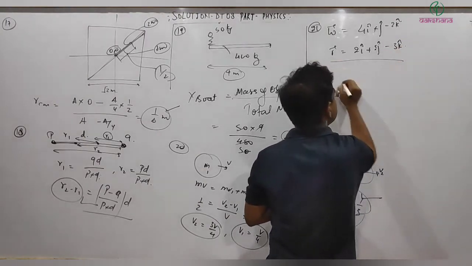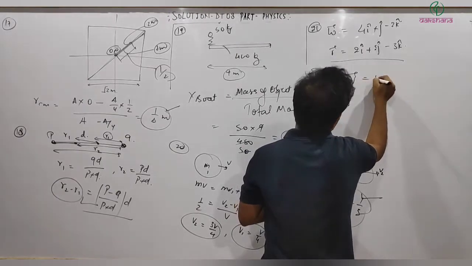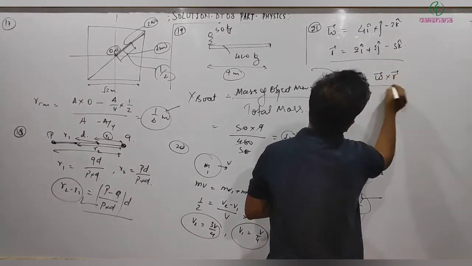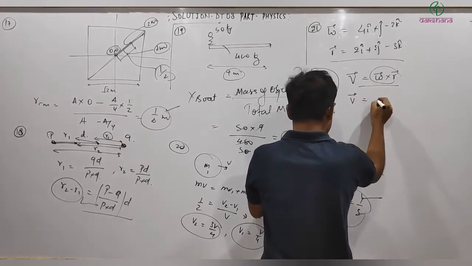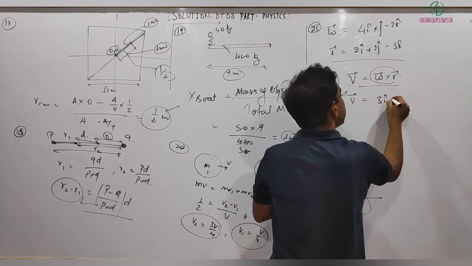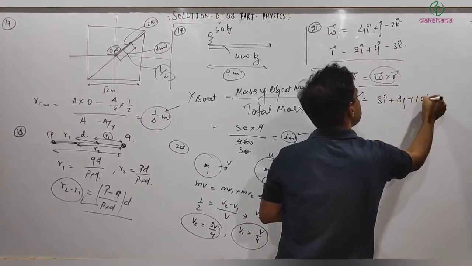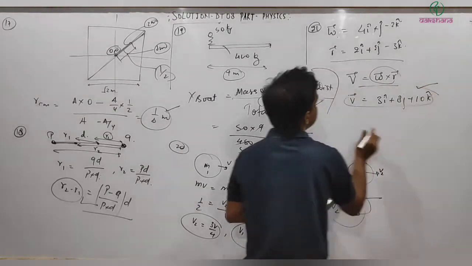For linear velocity, we know the relation v bar is equal to omega bar cross r bar. Simply taking the cross product of omega cross r, we get v bar comes out to be 3 i cap plus 8 j cap plus 10 k cap. That's a simple cross product, you can check it.